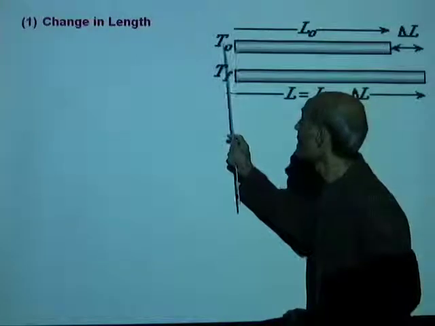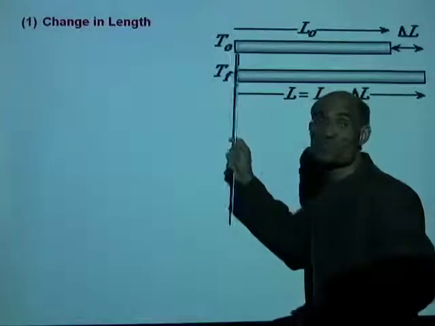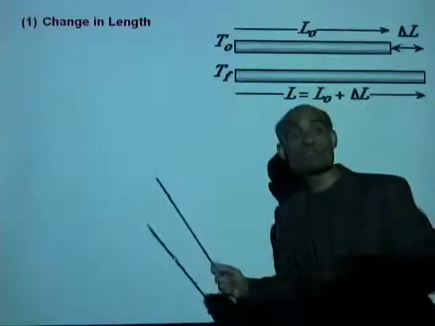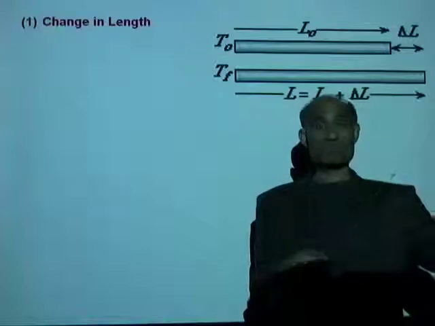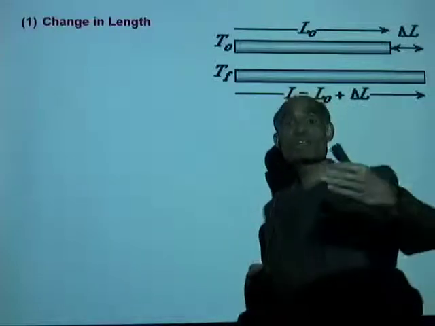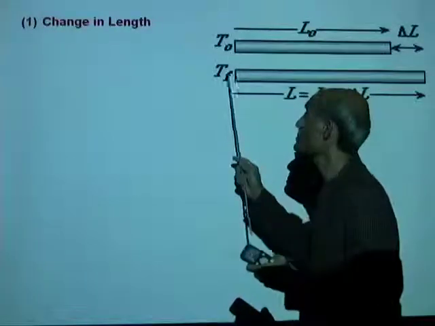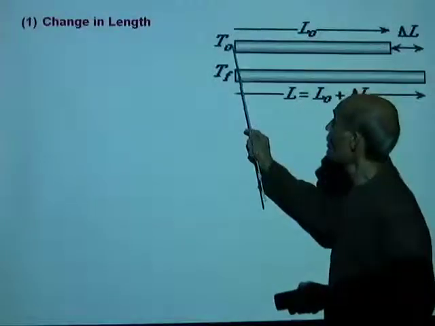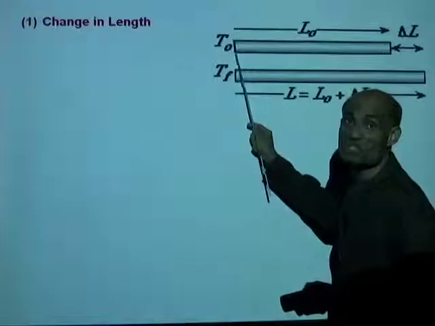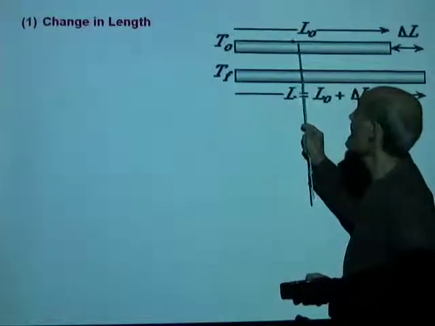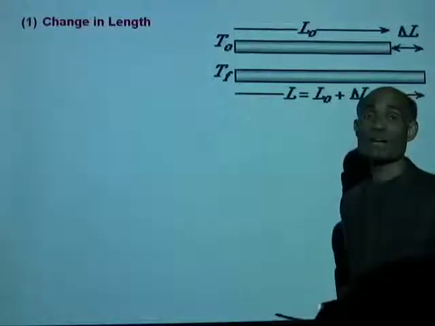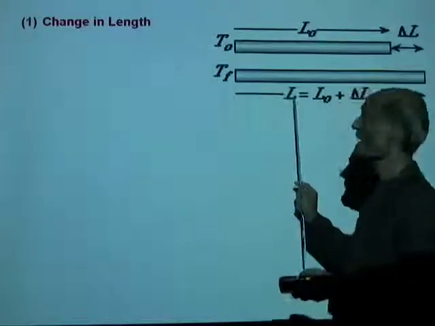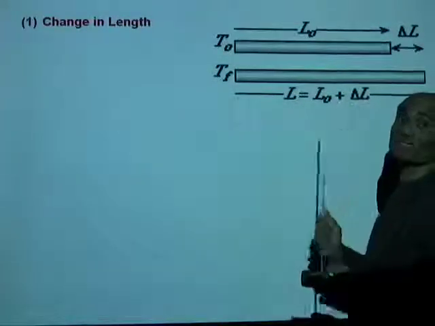In future, in place of T0 we will use T1, and for TF we will use T2. Temperature increases from T1 to T2, or T0 to TF. So the length of the rod at the temperature T0 is L0, and its length at a temperature TF is L0 plus delta L.